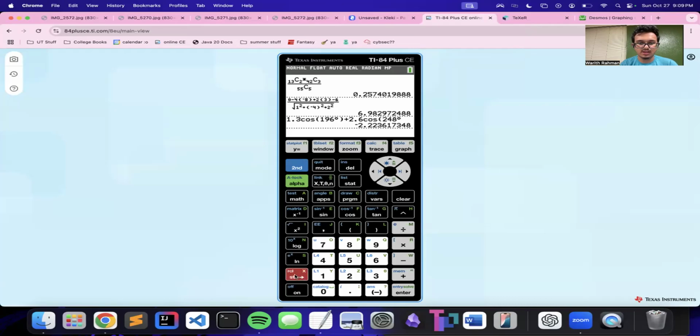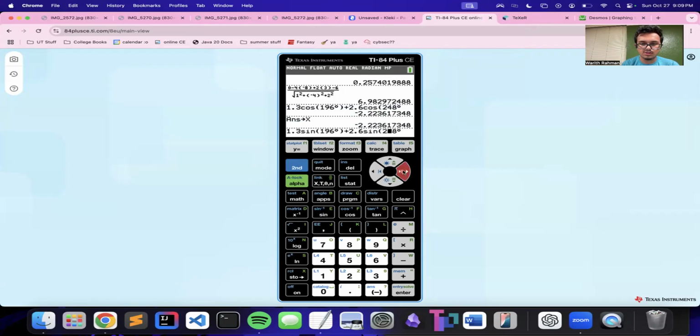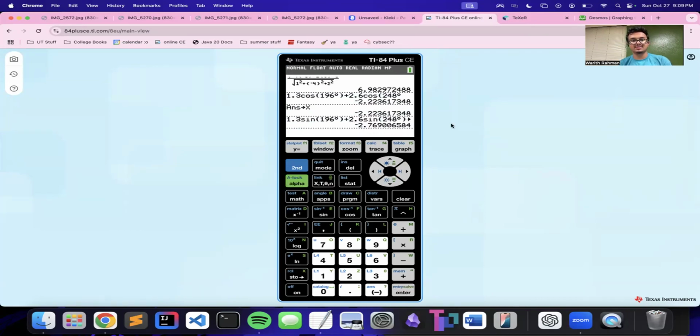This is x. And then if I copy this down and change these to sines, we can store that in y, and that's the y distance.